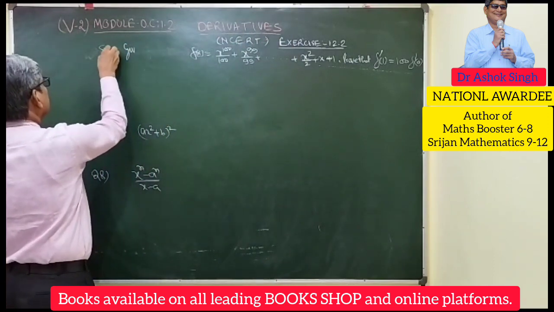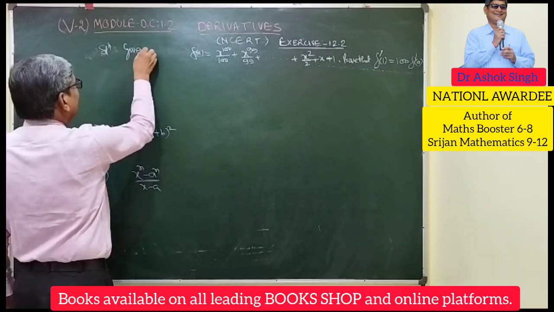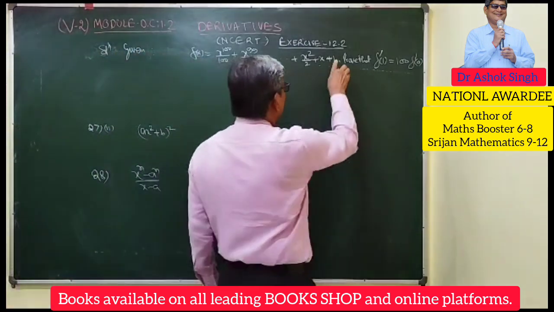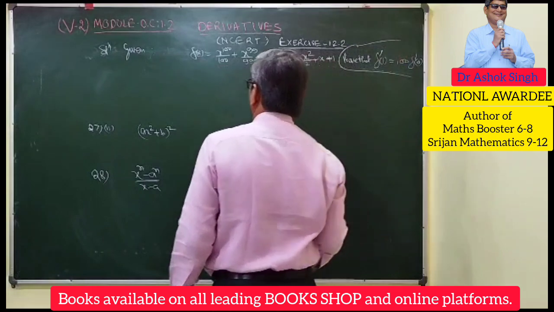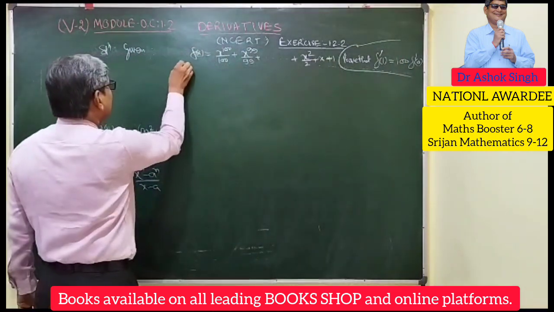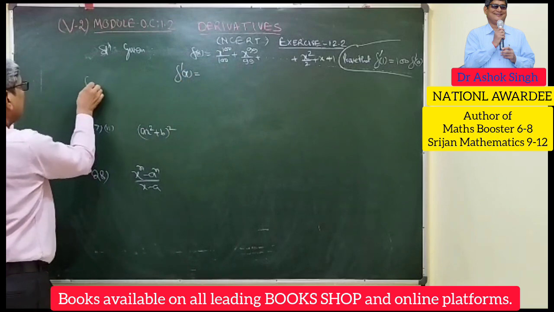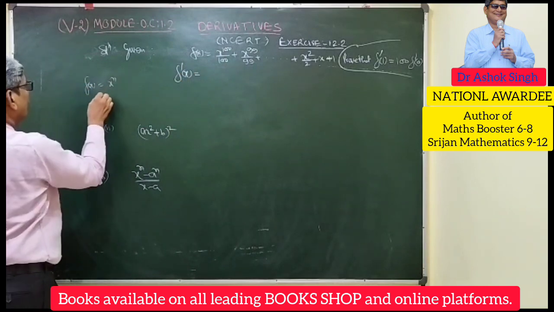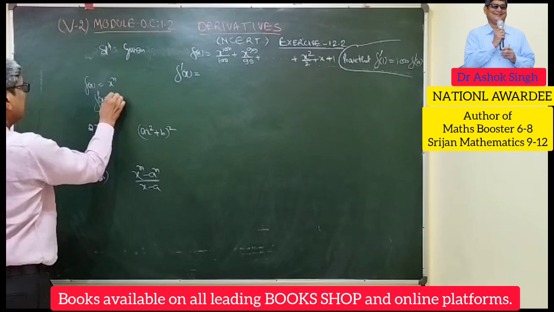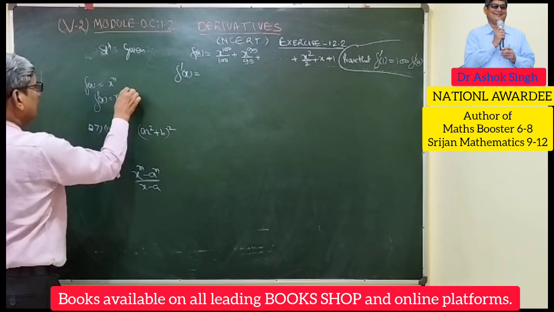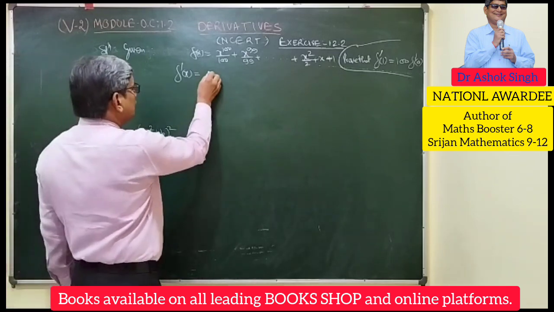I am talking about the solution. So we are writing what is given here. Let's not bother about this. So what is f dash? You know that if f(x) is equal to x to the power n, then f dash x is equal to n x to the power n minus 1. So what are you going to have?